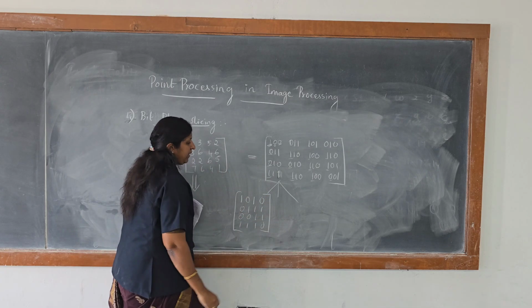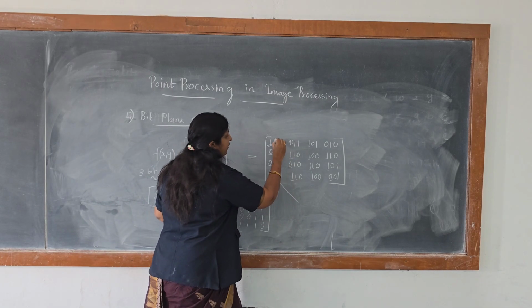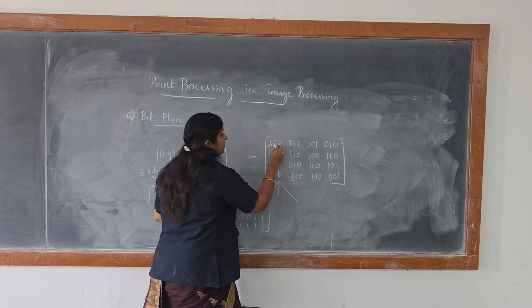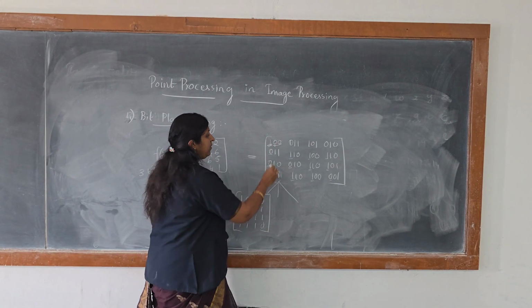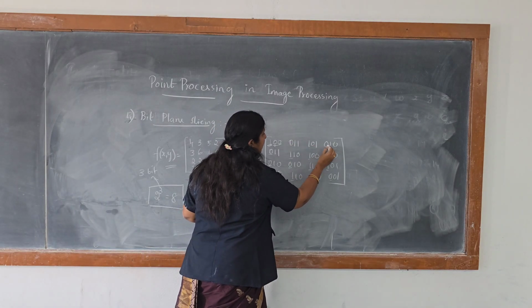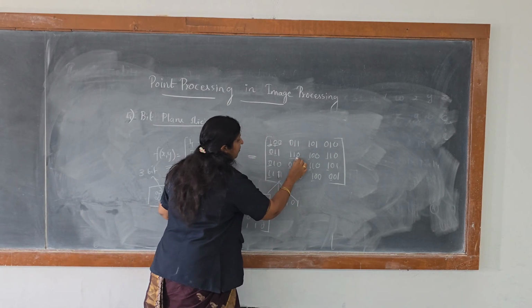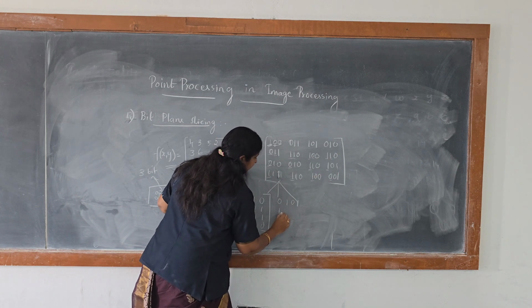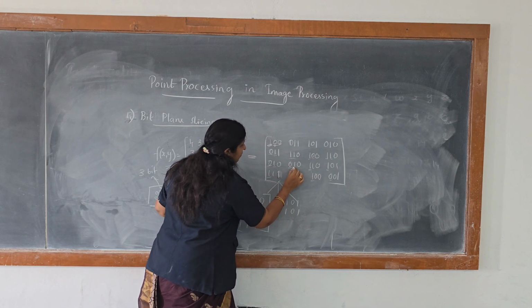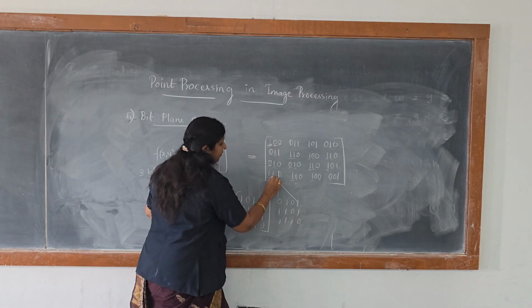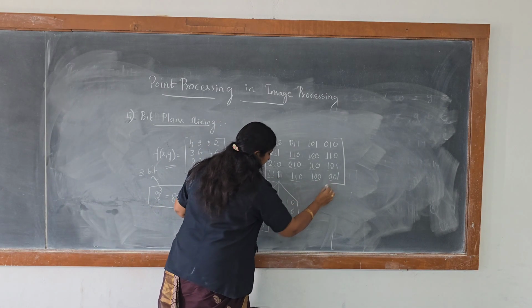This is a separate binary image. If you consider the center bit, you will get one more binary form: 0 1 0 1, 1 1 0 1, 1 1 1 0, finally 1 1 0 0.